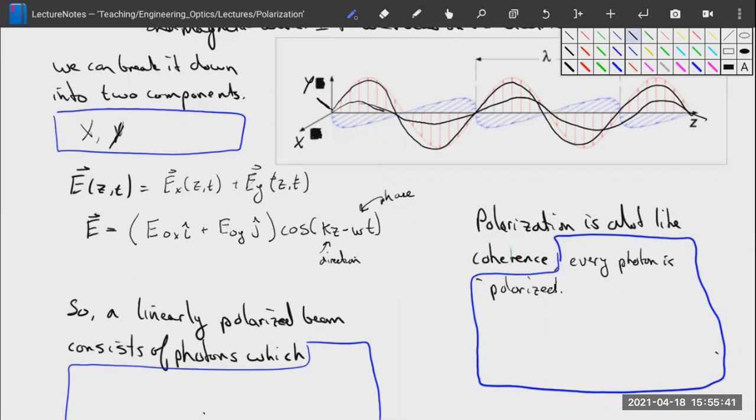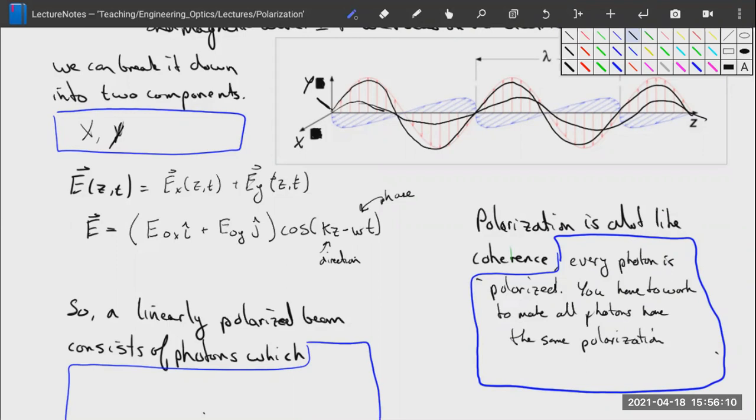And a single photon is perfectly polarized, but you have to work to make all photons have the same polarization, right? You have to work hard to do that.